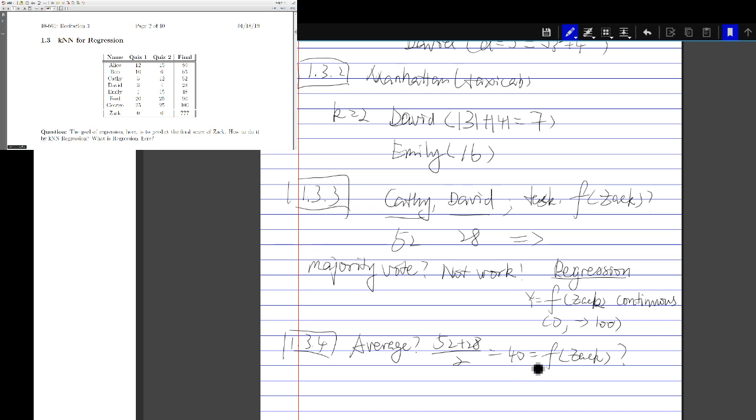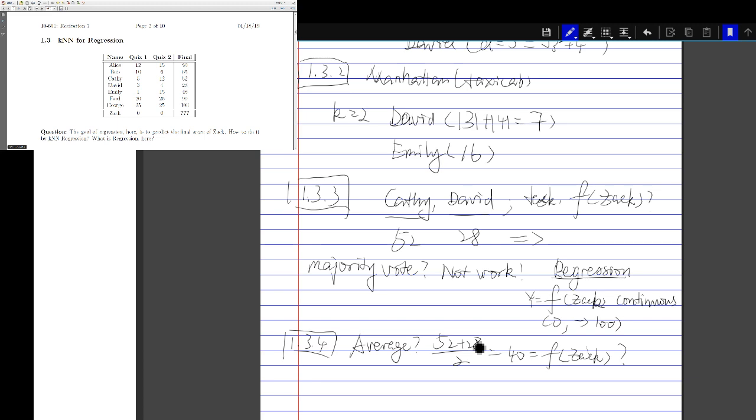Second, since Kathy and David are the nearest neighbors for Zach, we kind of hope that the final grade for Zach is also close to Kathy and David's final grades, which is kind of what the average is doing. It's trying to take the midpoint of these scores so that the final score is not too far from either of them, so they kind of stay close. Okay, so that's one possibility.